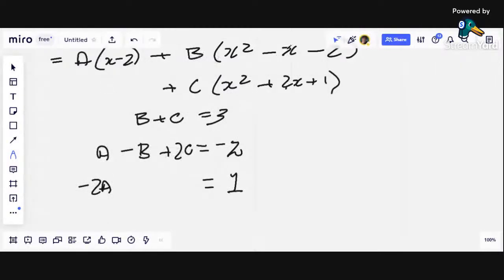Oh, sorry, why do I have minus 2b? Oh, because I'm looking at the x. Sorry. Yeah. So minus 2a minus 2b, and then minus c, and that equals 1.